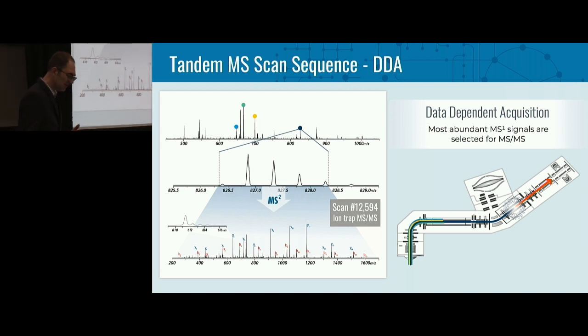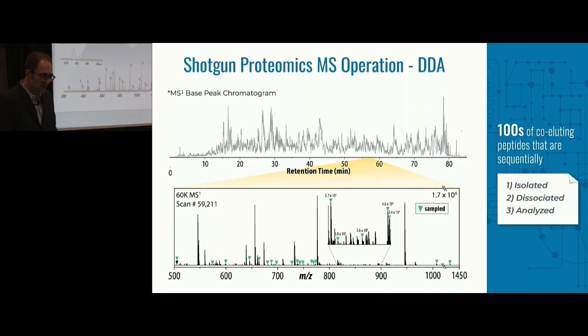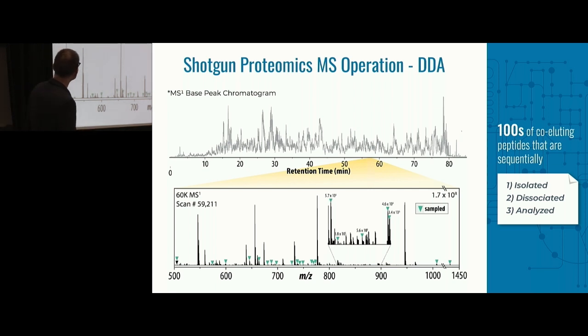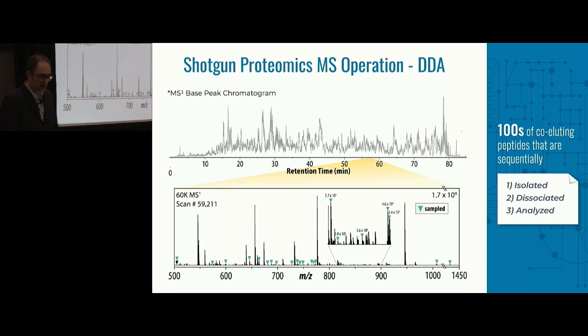As we all know, in DDA we're basically selecting individual peaks and isolating them for MS2. And we can work our way through a chromatogram. In this case, I'm showing you a variety of different peaks that were selected, but you'll see they don't all get selected, and so you hope that they do.